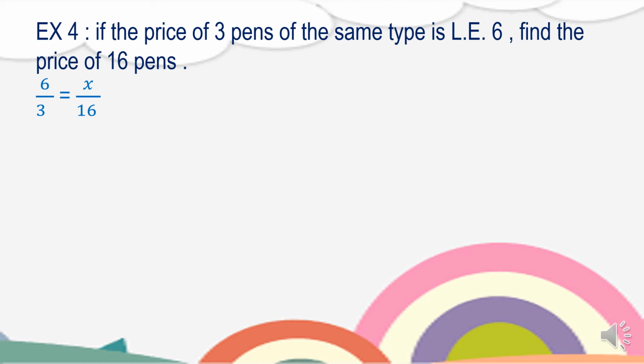Do I have extremes or means? Yes, I have all the extremes. So I multiply the extremes and divide by the only mean I have. So x equals 6 times 16 over 3, equals 32 LE. Easy.